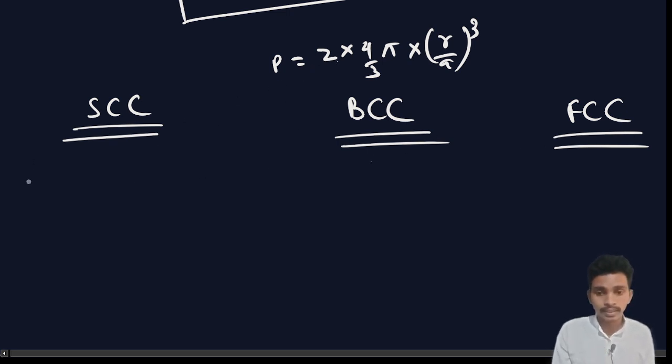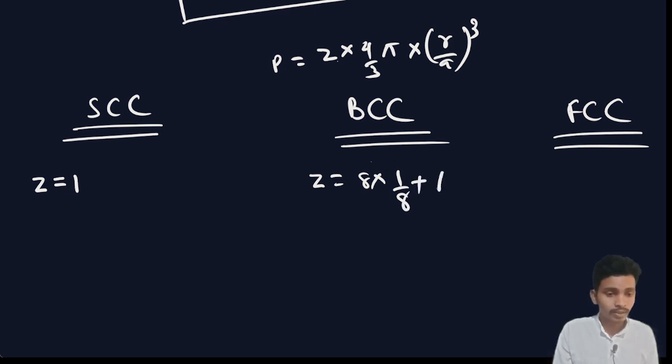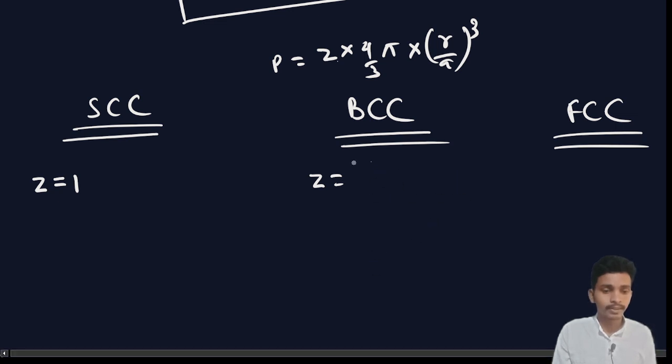Z is the total number of lattice points. For SCC, they are always in the corners, so 8 into contribution 1 upon 8 gives 1. So Z for SCC is 1. For BCC, Z is corners plus body center: 1 plus 1, which is 2.